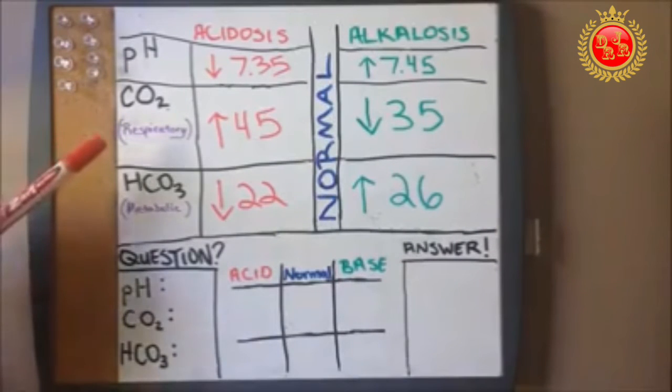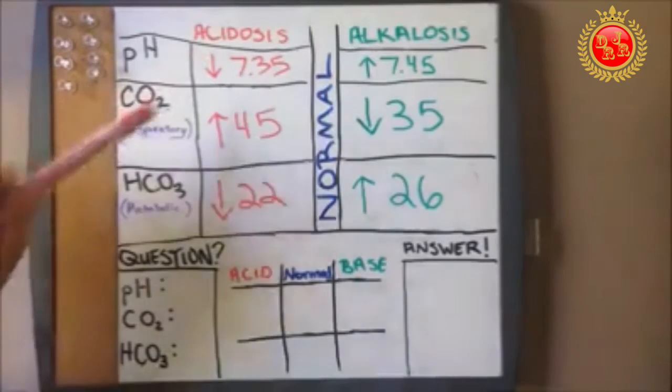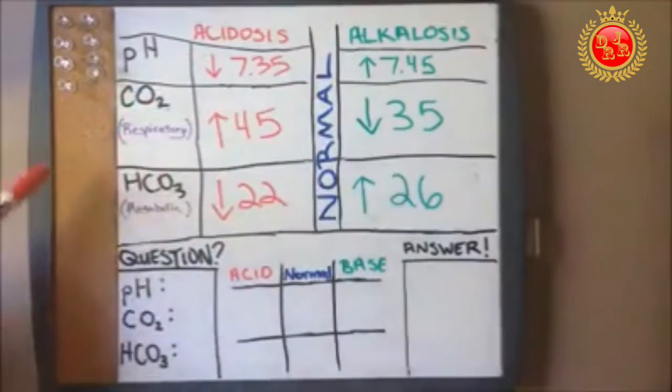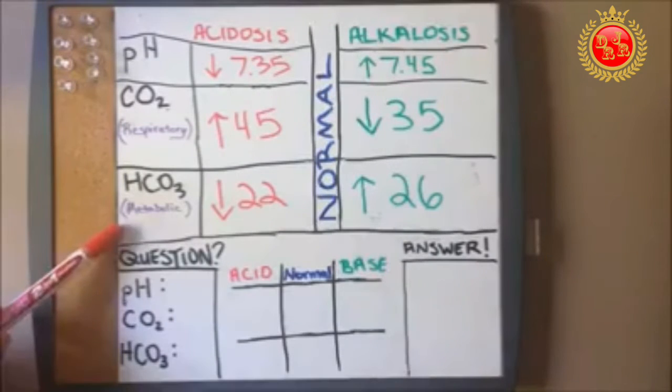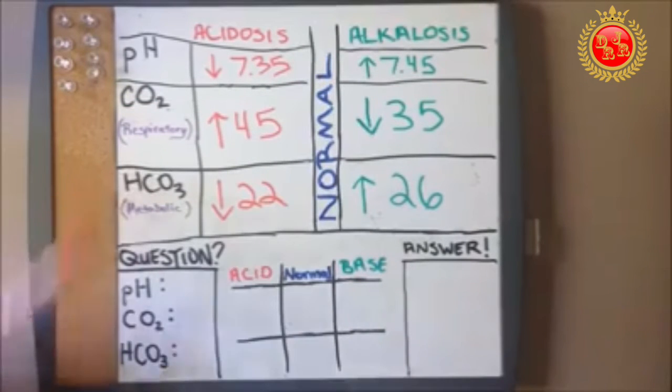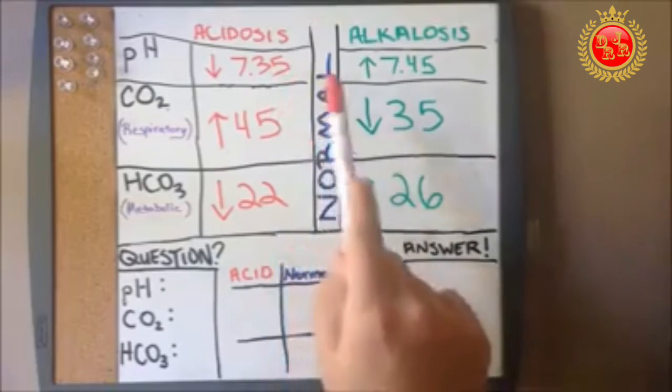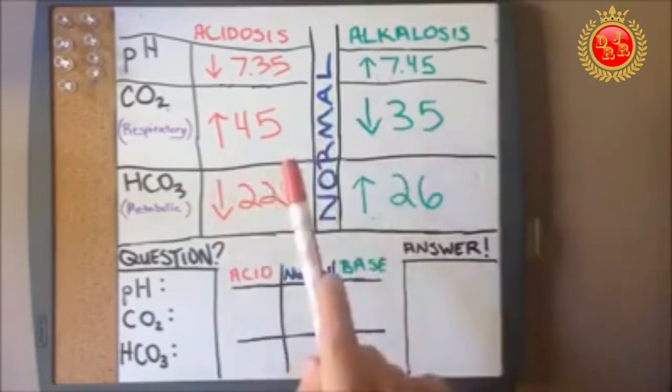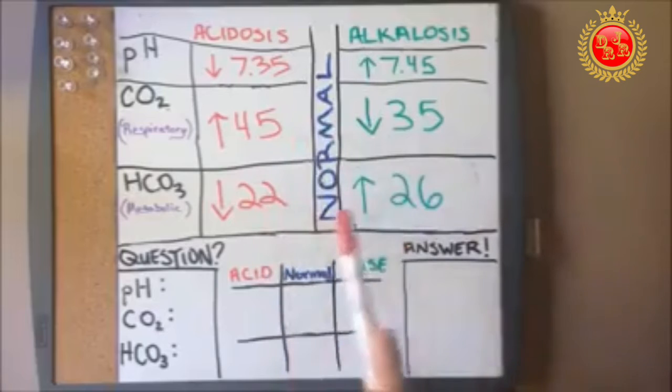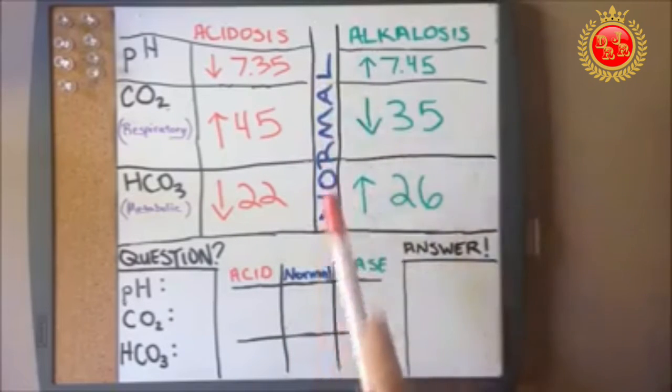If it's respiratory acidosis or respiratory alkalosis, you can understand that it's involving the lungs. And metabolic, whether it's metabolic acidosis or metabolic alkalosis, it's involving the kidneys, which is regulating the HCO3 or bicarbonate. And anything in between 7.35 and 7.45, or 45 and 35, 22 and 26, we can consider normal.